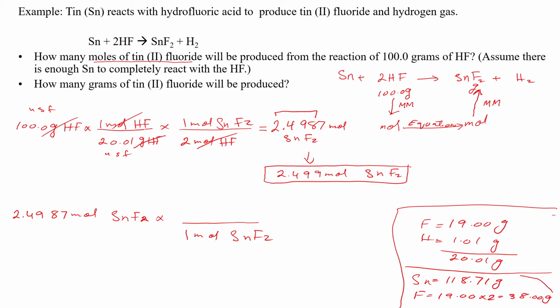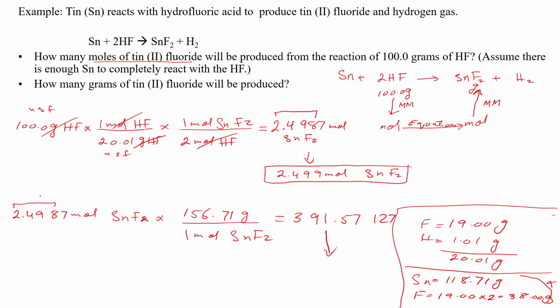You're going to add these numbers, and when you add, your answer is 156.71 grams. So you multiply this by the number of moles of tin 2 fluoride, and your answer is 391.57127.